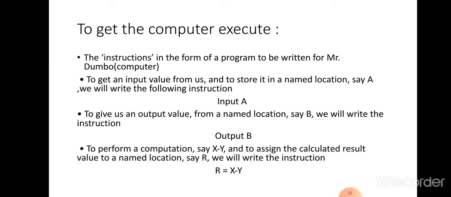We took the value X and the value Y from the user, and then we perform subtraction, addition, multiplication or division between them and store the desired output in the R value.